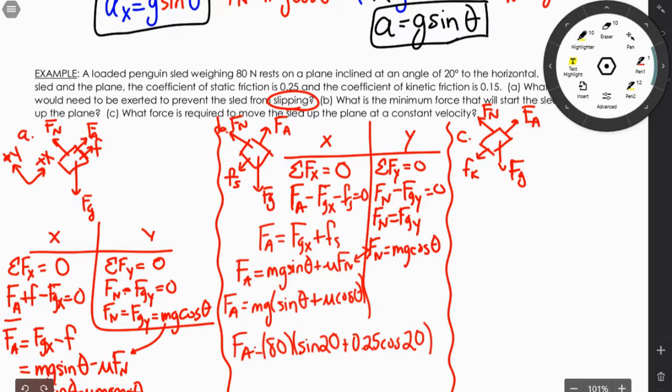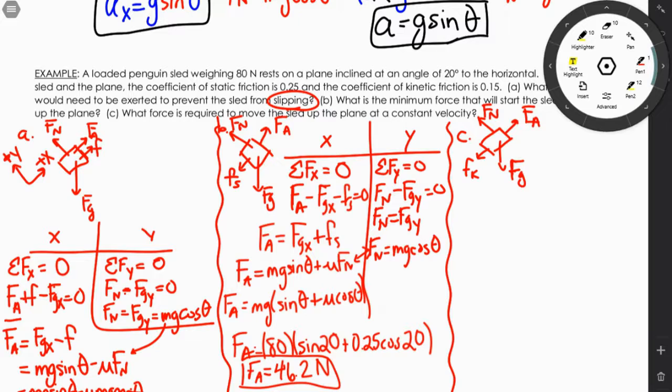Let me plug in the calculator. So 80 times sine 20 plus 0.25 times cosine 20, and that's going to be 46.2 newtons.